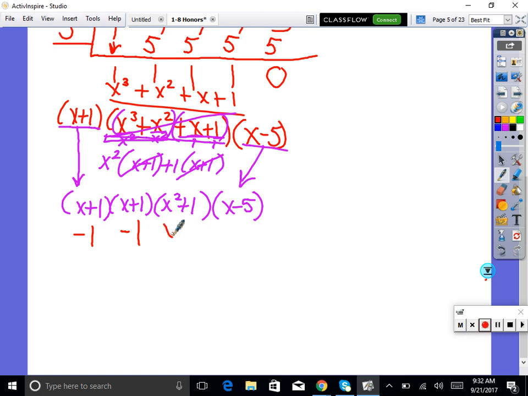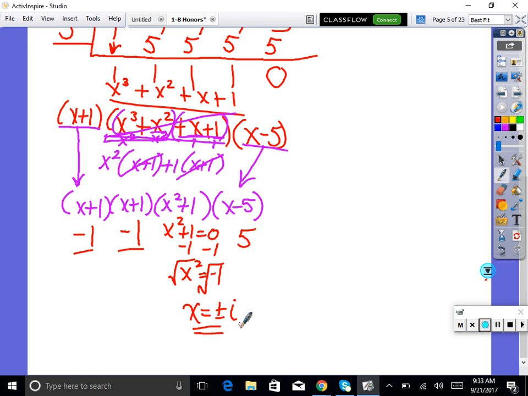Then solving this one, we would go x squared plus 1 equals 0, subtract 1. Square root of negative 1. Plus and minus i, right? And then 5. So now we have, let's count. We better have 5 solutions since it was degree 5. 1, 2, 3, 4, 5.